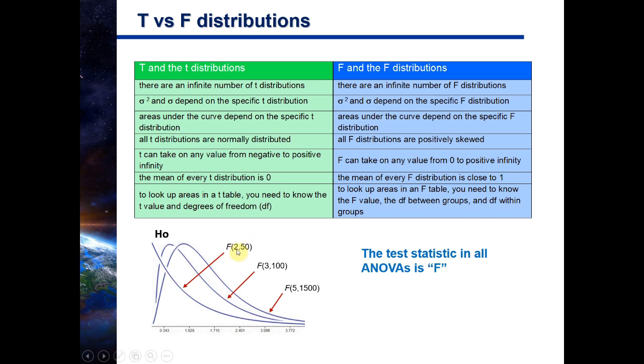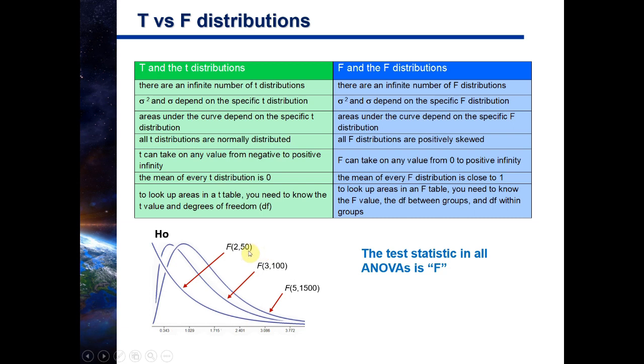But this number is actually the number of levels minus 1. So if you saw 2 here, this actually means you did have 3 levels. This one would have 4. This one would have 6.